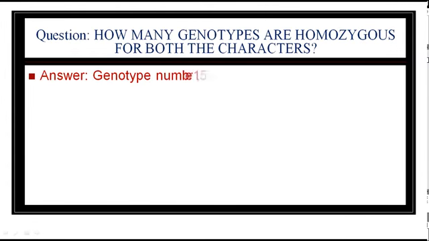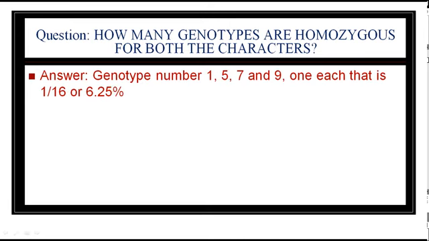Now the question arises. These are the intelligent questions mentioned in the SOM series, an international series of science books. How many genotypes are homozygous for both the characters? In the first table, genotype number 1, 5, 7, 9.